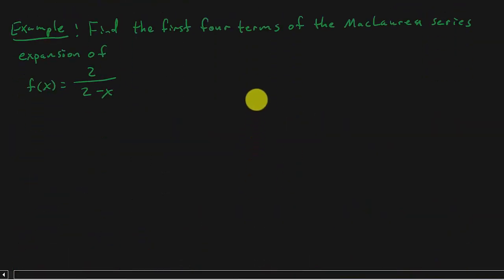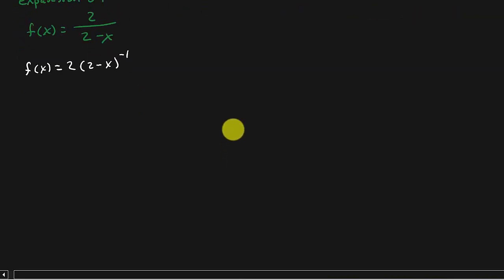So the first thing I would do is probably write this f of x as 2 times 2 minus x to the negative 1. And just use the chain rule to find the derivatives. So we've got f prime of x is equal to negative 2 times 2 minus x to the negative 2 times negative 1.